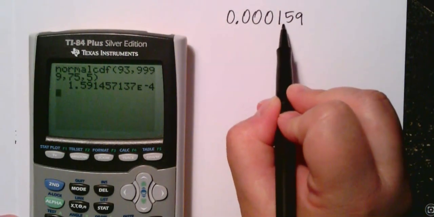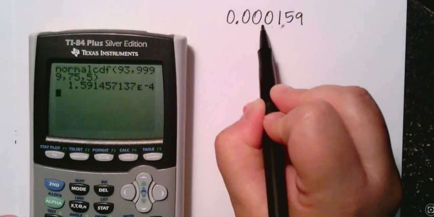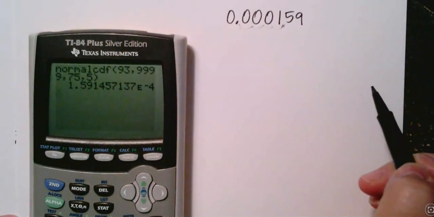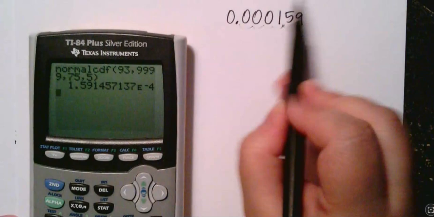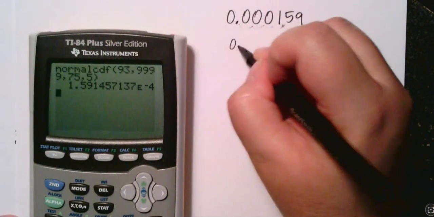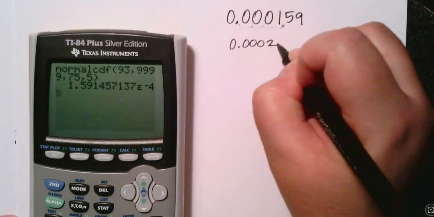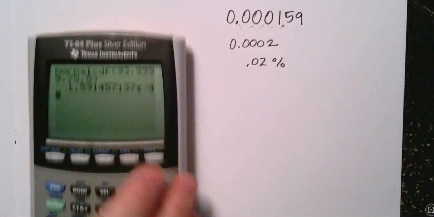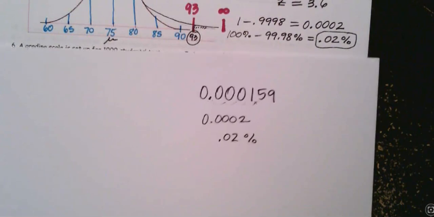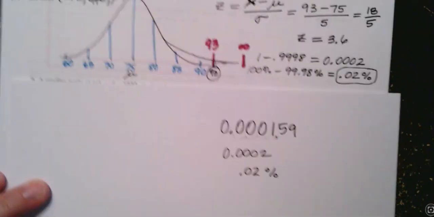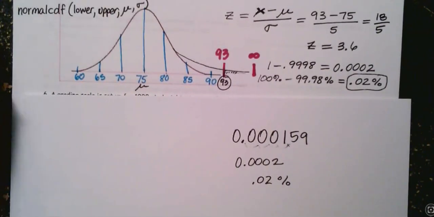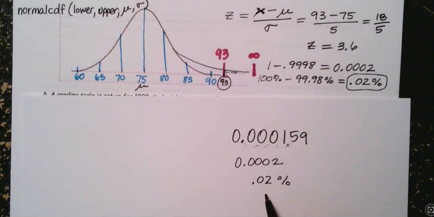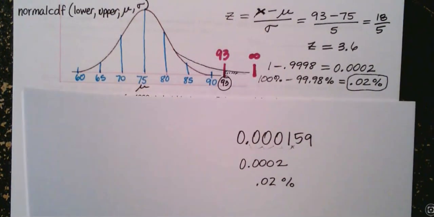In other words, this is 1, 2, 3, 4. Same idea. Okay, that rounds to the same number we got before, and that's 0.02%. All right, so we got the exact same answer either way. And usually it would probably say round to the 100th of a percent, or round the percent to 2 decimal places, or something like that.